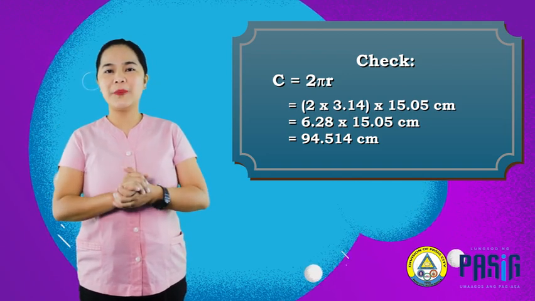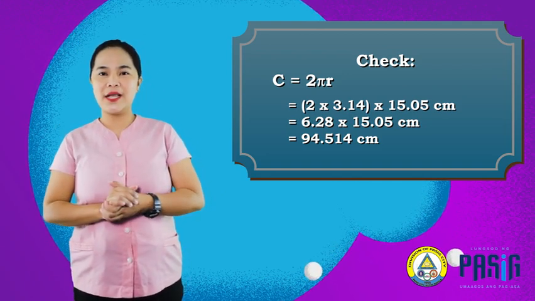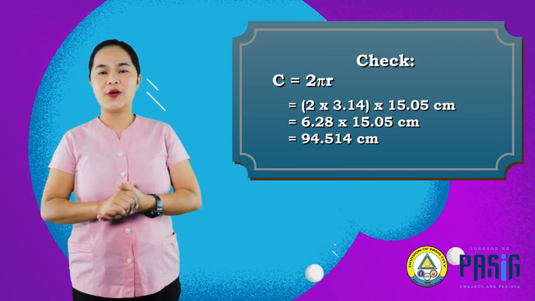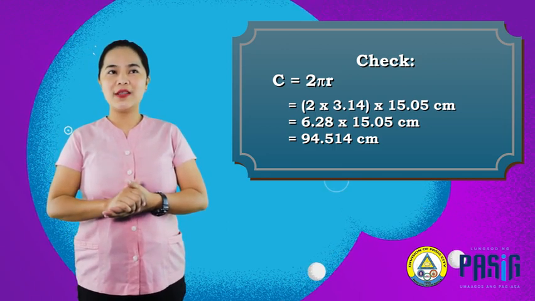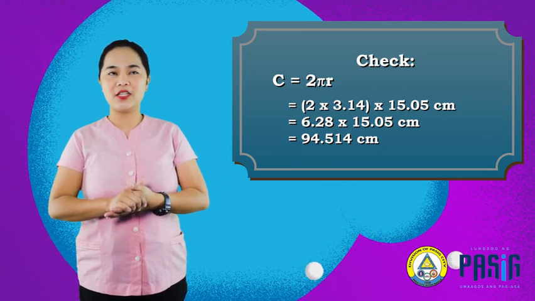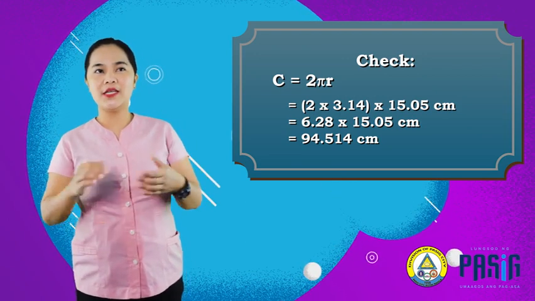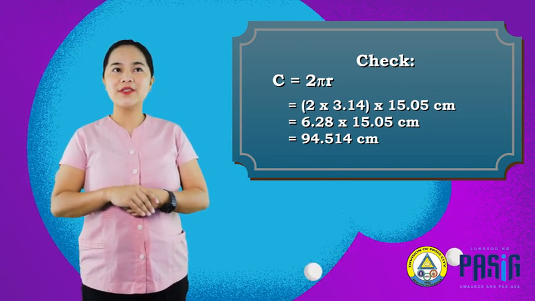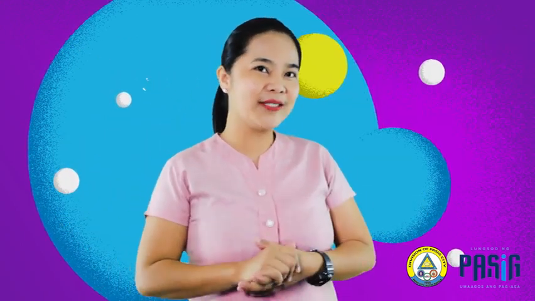First, we have to multiply the digits inside the parentheses. 2 times 3.1400 is equal to 6.2800 times 15.05 centimeters. So the product is 94.514 centimeters. Did you get the same answers?